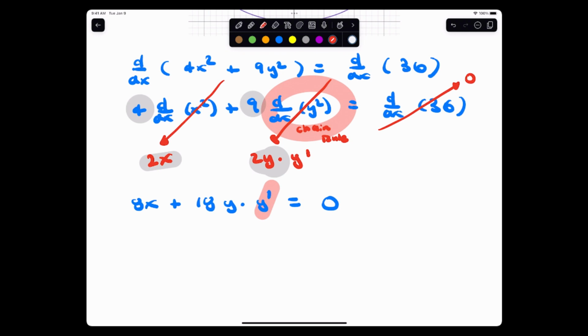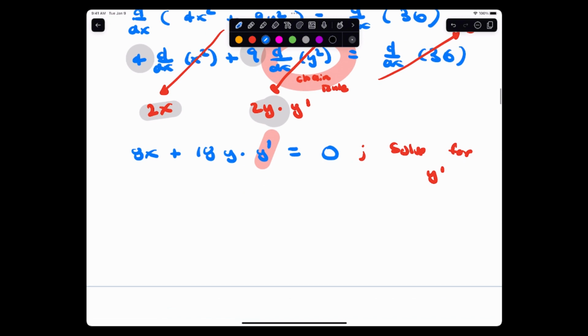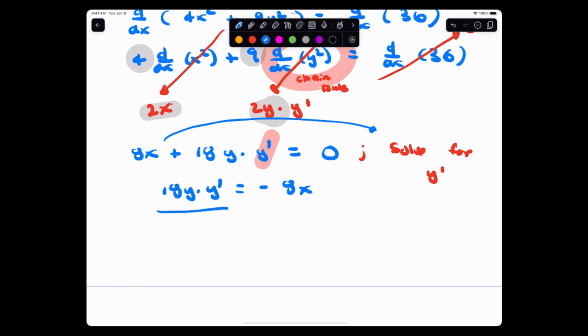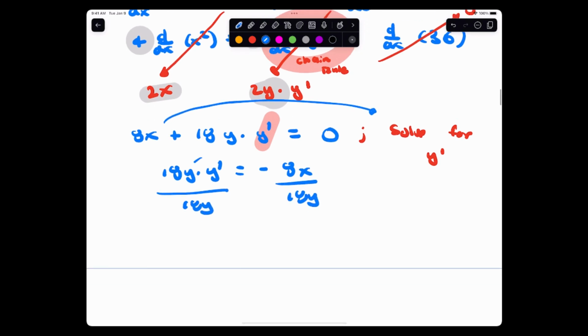What do you guys do now? What's the next step in the process we wrote down yesterday? You solve for y prime. Good, solve for y prime. Okay. So translate, ladies and gentlemen. Move this term to the other side of the equal sign. It's now going to be negative. That's the same as subtracting 8x from both sides. All right, and then now divide both sides by 18y, and we get cancellation.